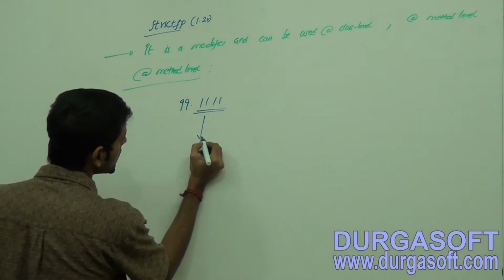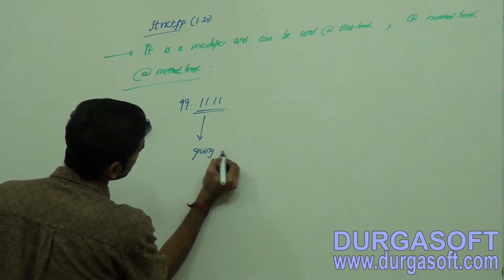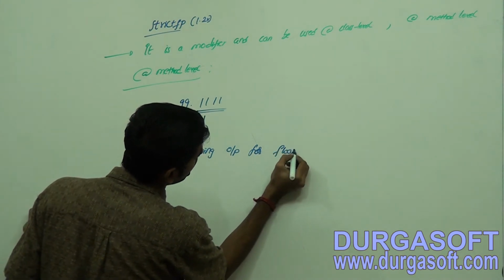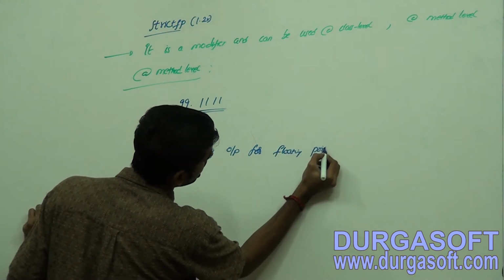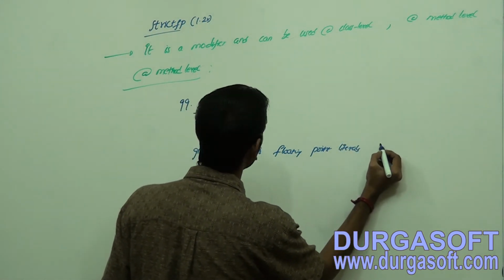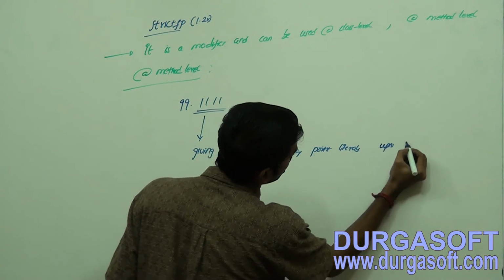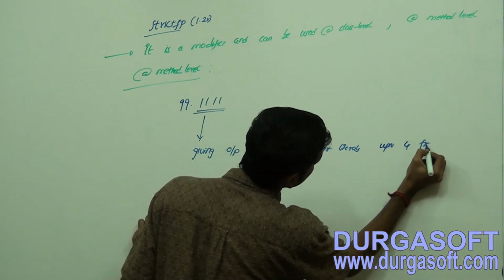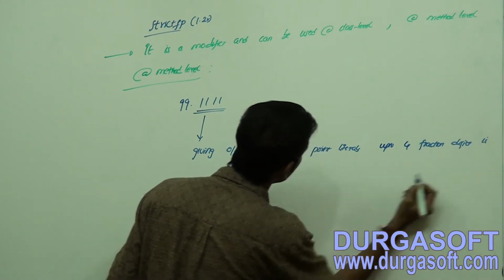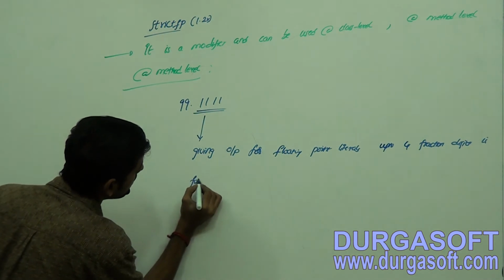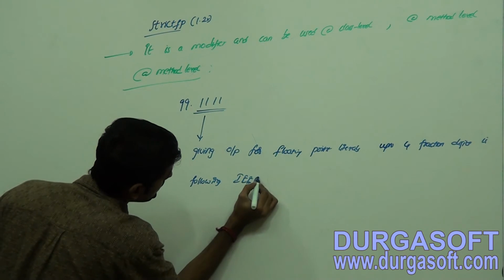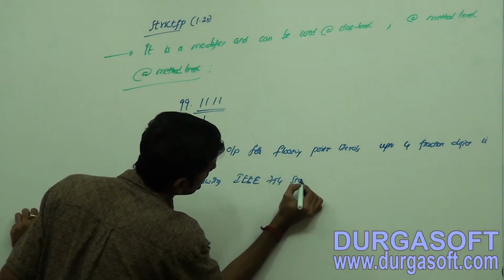Giving output for floating point literals, up to 4 fraction digits, is following the IEEE 754 standard.